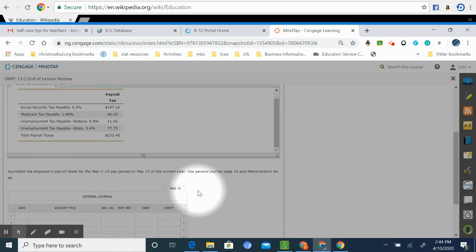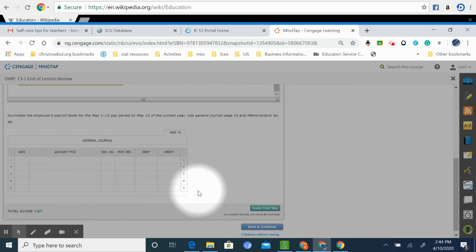So the last thing is you are going to journal these in your transactions, and I'm going to get you started, and then I want you to pause it and then continue on. So this is going to happen on May 15th.